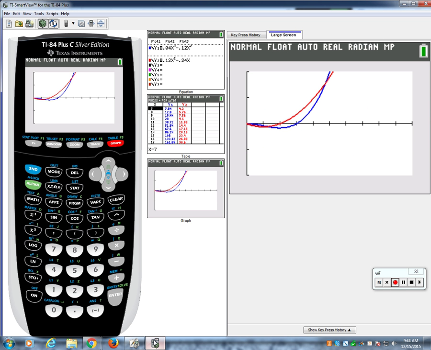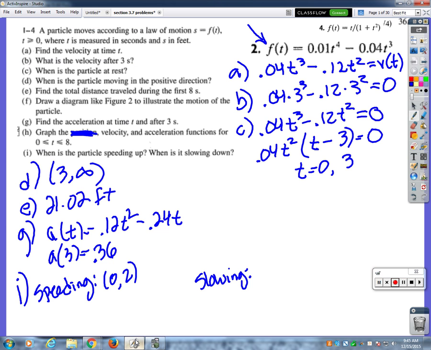And then slowing, so now from 2 to 3 it's slowing down because the acceleration is positive but the velocity is negative, so they're fighting each other. So from 2 to 3 it's slowing down. And then it's speeding up from 3 to there on.